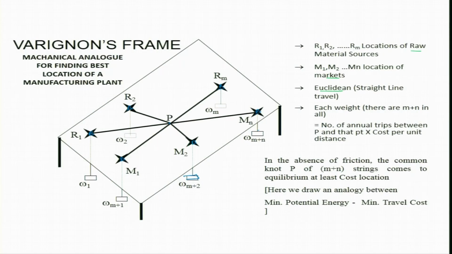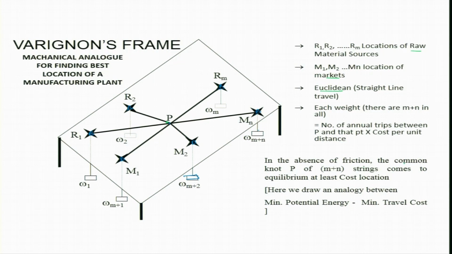So, that is how we can read this particular test, and then we say that if there is no friction at the pulleys and the thread is also not stretchable, then wherever this knot will come, that is going to be the location of our proposed site.